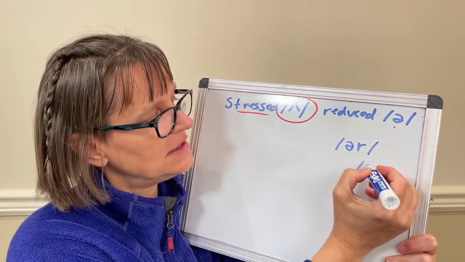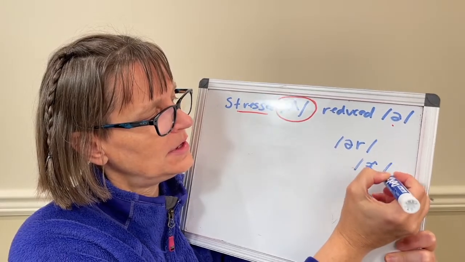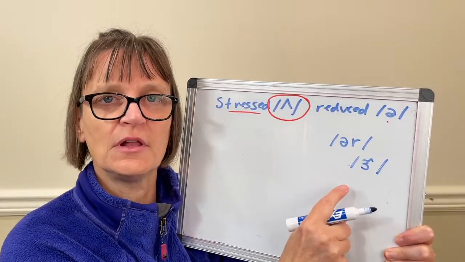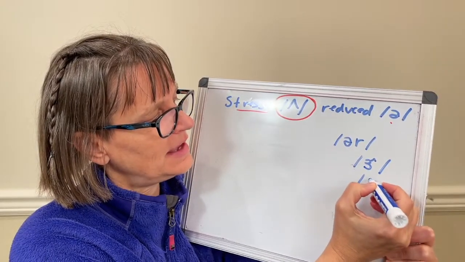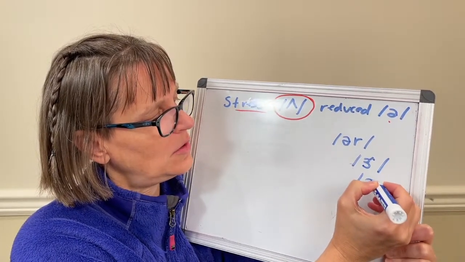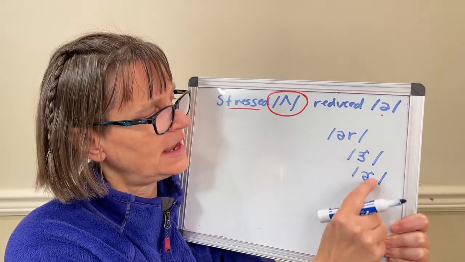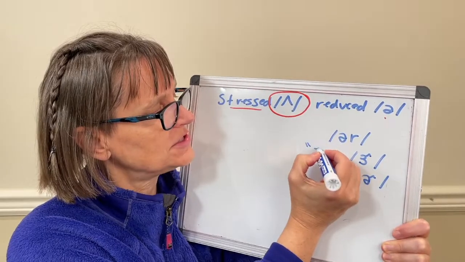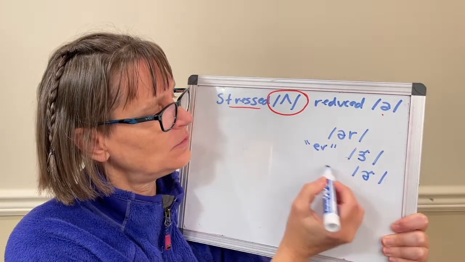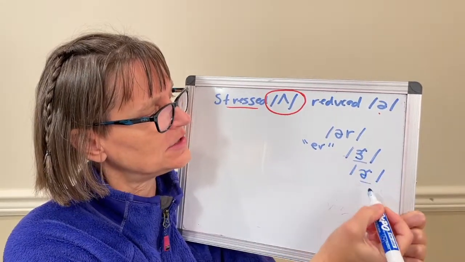So you can see in a word like bird, the IPA will be this symbol. In a word like paper, the IPA will be a schwa with a rhotic indicator to make you know that it's an R. But these all just sound like R. So again, with R we have a stressed and an unstressed version.